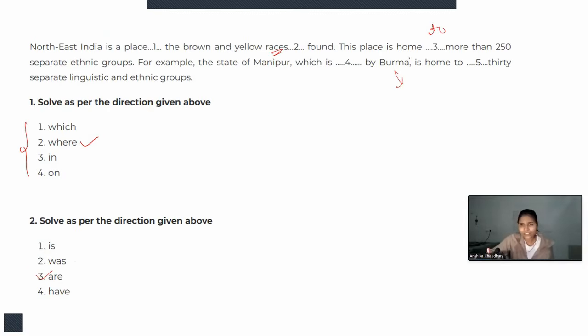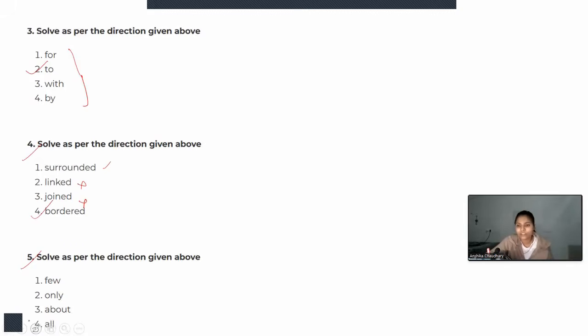So the next fill-up is home to 30 separate linguistic and ethnic groups. Here we are talking about some kind of approximation, right? For denoting approximation, the correct preposition is "about."